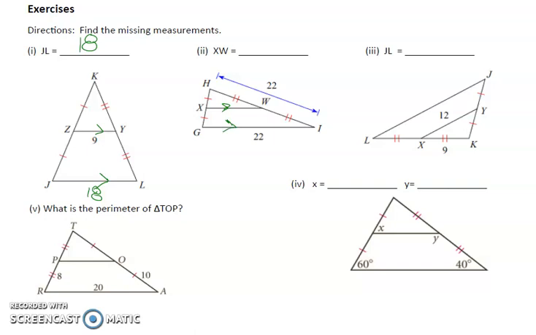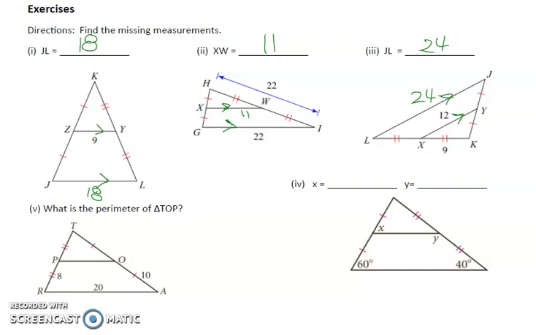Since GI is 22, that means HW will have a length of 11. In problem 3, JL is parallel to mid-segment XY. Since the mid-segment XY is 12, JL has a length of 24.